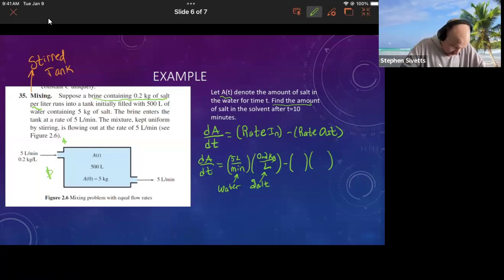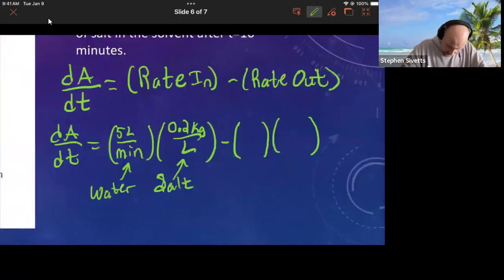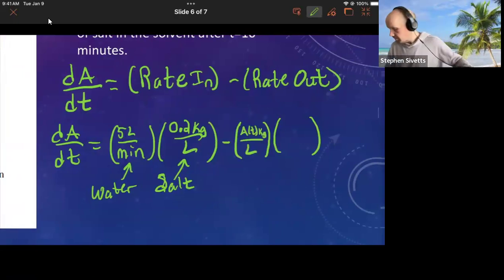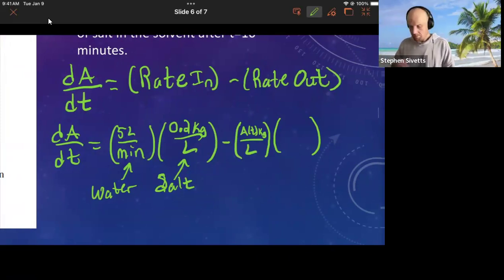But we know A of t represents the amount of salt that's in the water, right? So the amount of salt would be, let's say, A of t kilograms per liter.